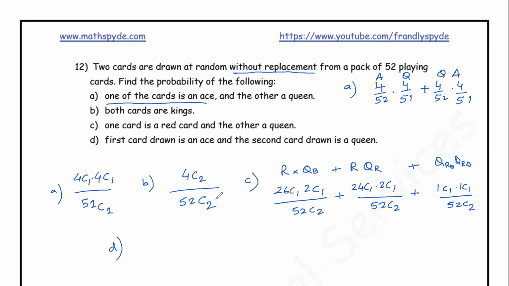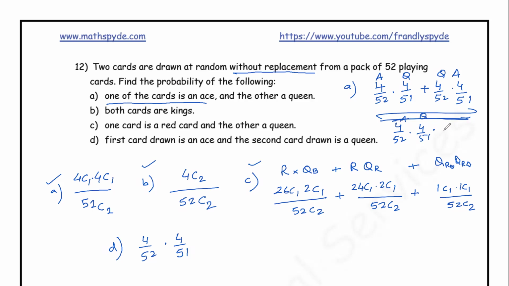Understood? So answers A, B, C all have this kind of understanding in them. But when I do the first card drawn is an ace, I get 4 by 52. And the second card drawn is a queen, so I get 4 by 51. And that's it. I don't multiply by 2 factorial here, because that would mean ace and queen and also queen and ace arrangements.